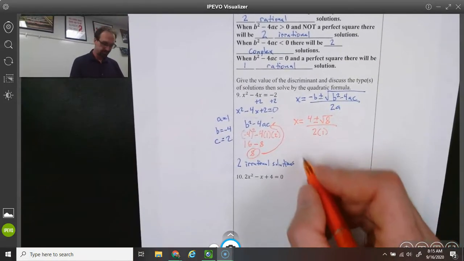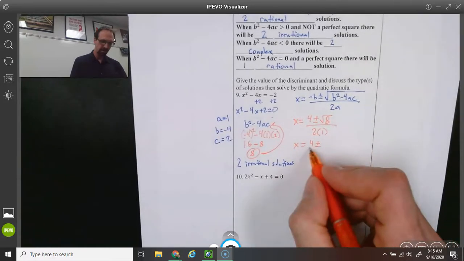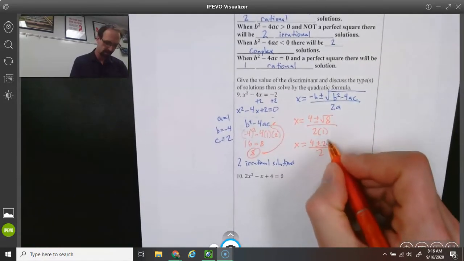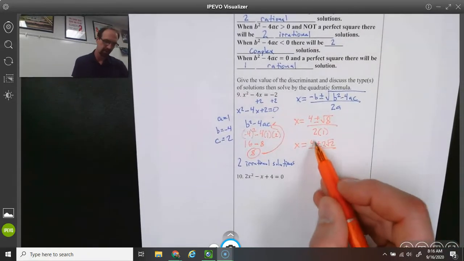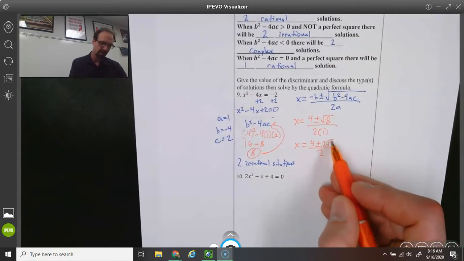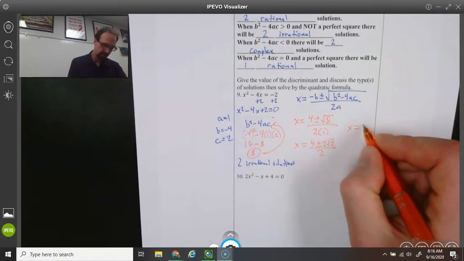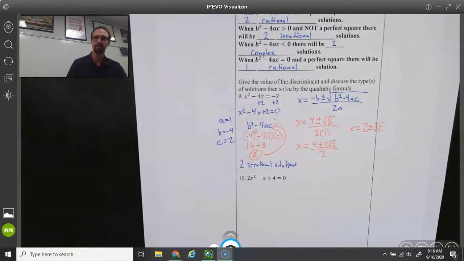So x equals 4 plus or minus, dividing by 2 here, the square root of 8 simplifies to 2 radical 2. And now you can see if you can divide both the coefficient and the coefficient with the radical by your denominator. I can, so that's going to give me x equals 2 plus or minus square root of 2. And those are my two solutions.